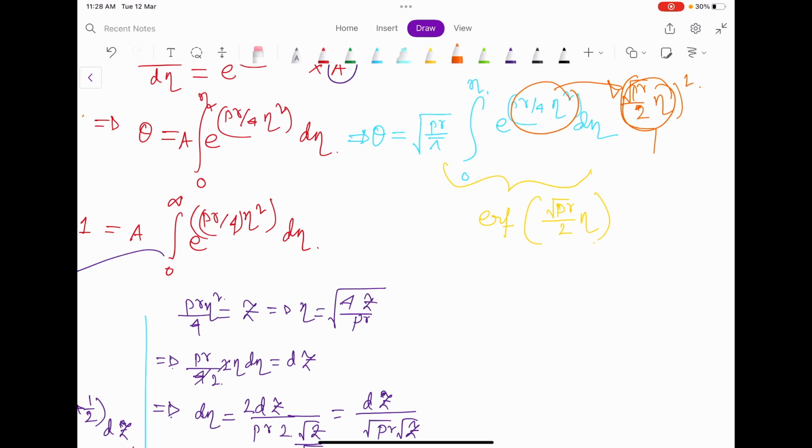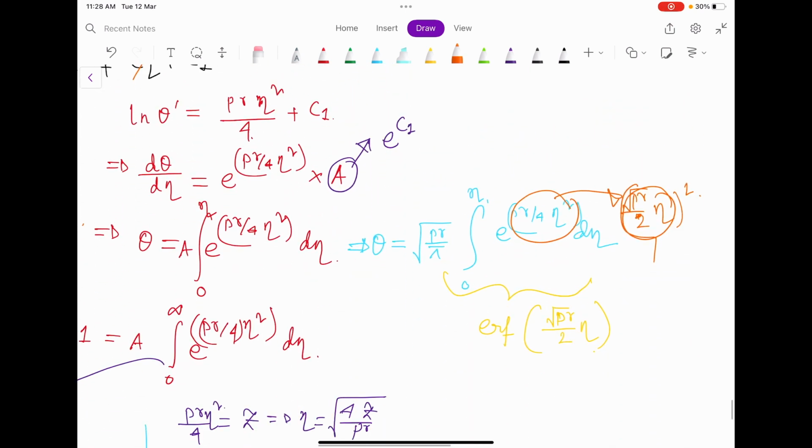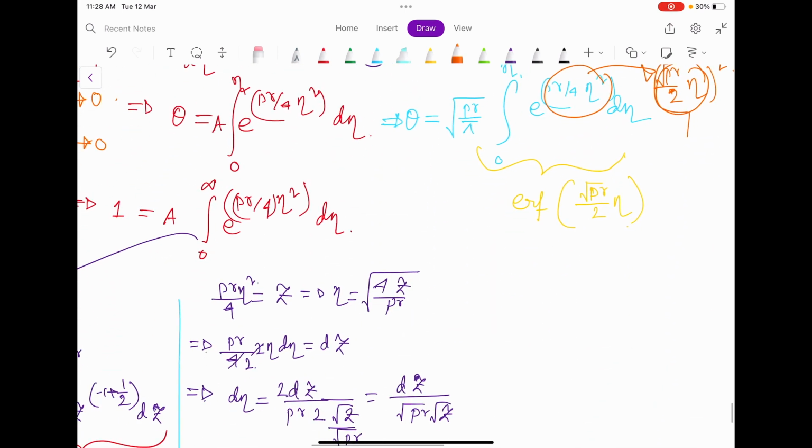So I have found out the solution for theta for both the cases of Prandtl number much less than 1 and much greater than 1.